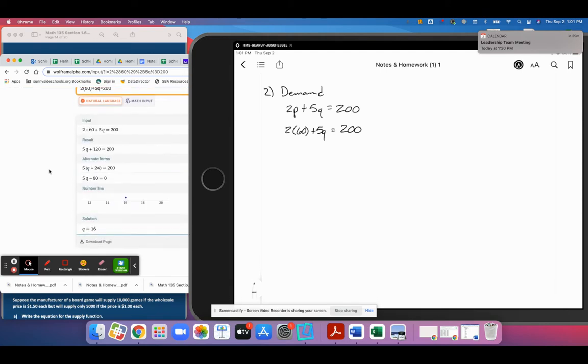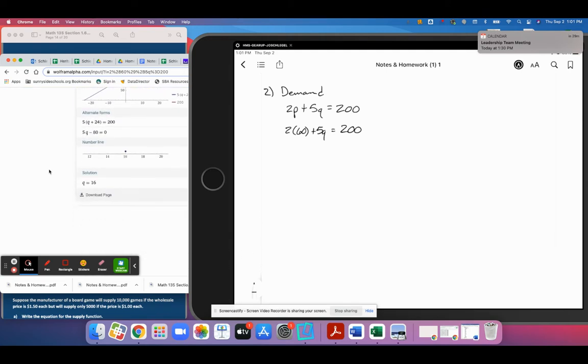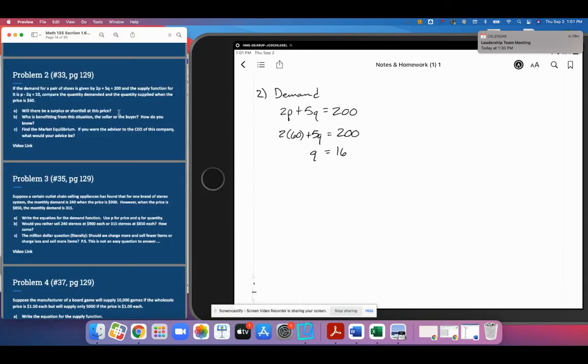And we end up with a situation where the quantity, or Q, is 16. So in this market, consumers will want to buy 16 pairs of these shoes when the price is set at $60.